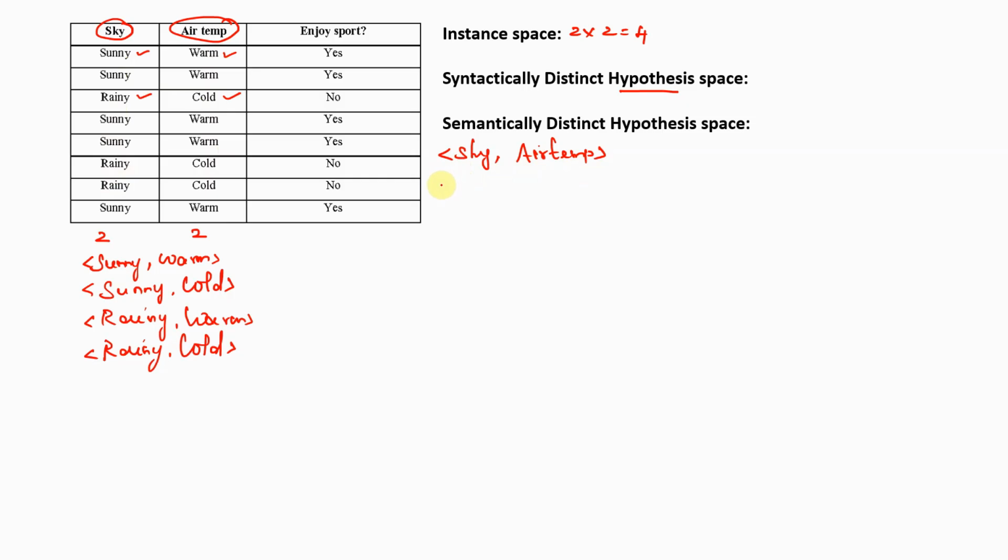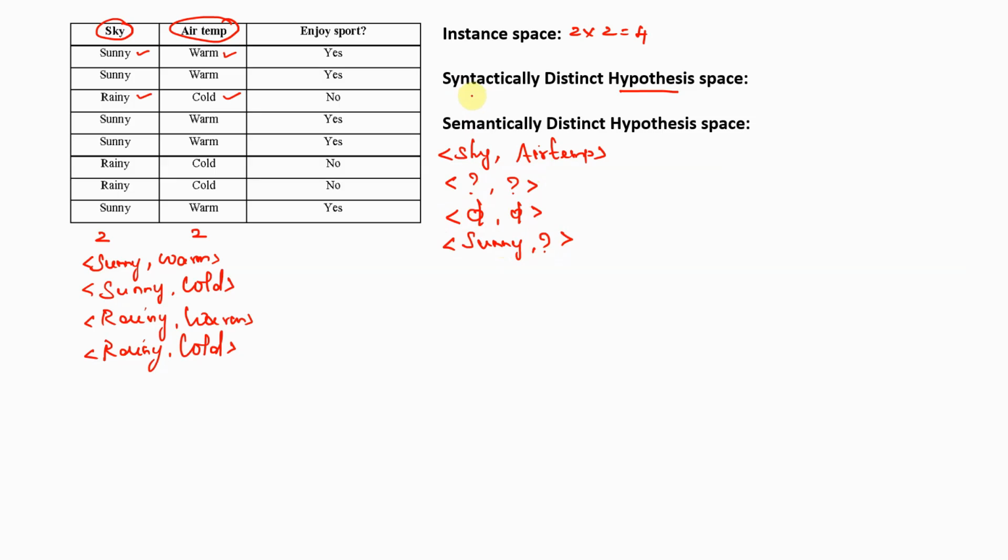Apart from that, we have the general hypothesis and the specific hypothesis. If I have the question mark, it is a general hypothesis, and if we have this symbol, it is called a specific hypothesis. Or we can have a combination of our instance along with a specific or the general.